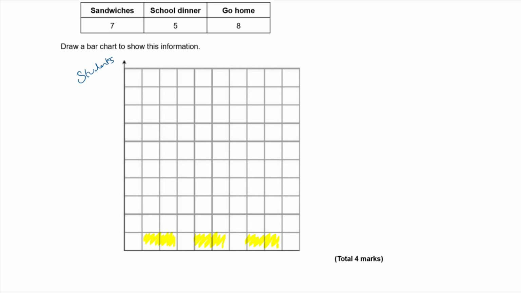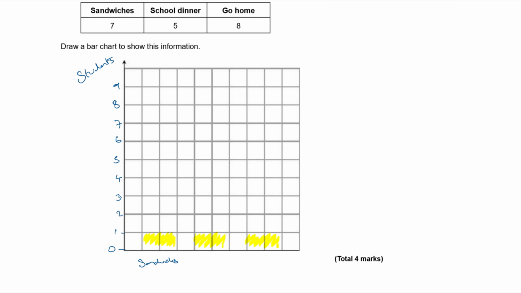Obviously I need to draw them at the right height. So putting my scale on the side from 0, 1, 2, 3, 4, 5, 6, 7. Need to go up to 8, don't we? Along that side for the number of students. And then along the bottom I'm going to have sandwiches, of which there are 7.